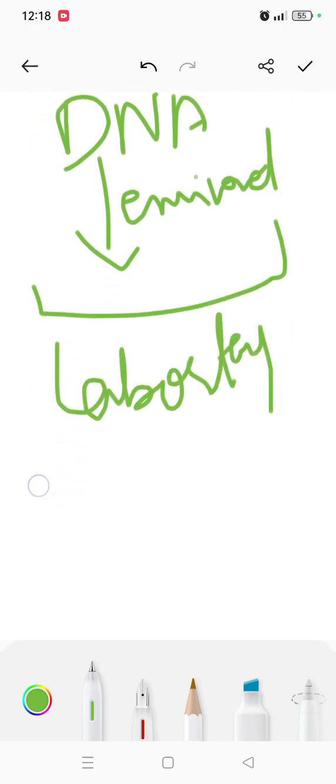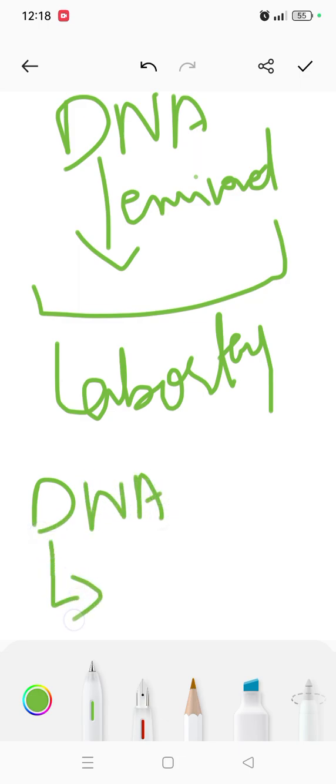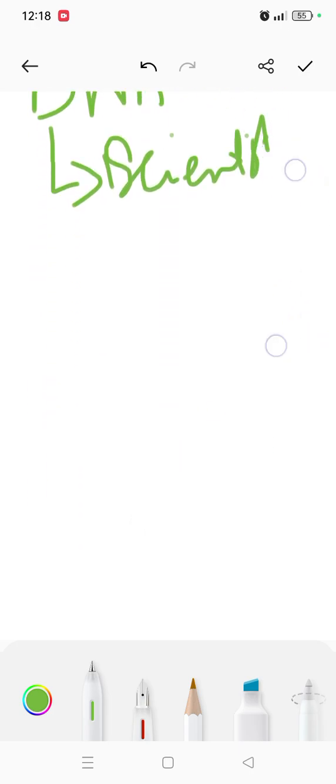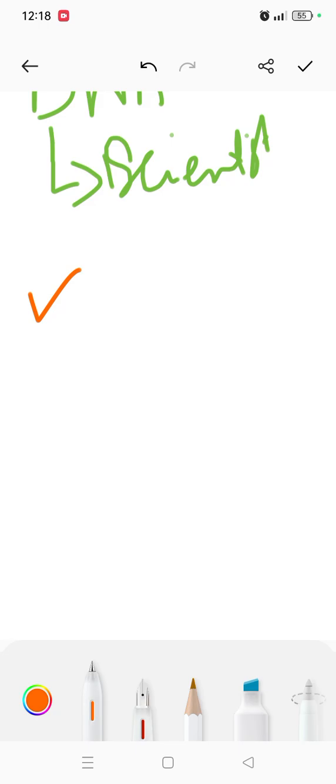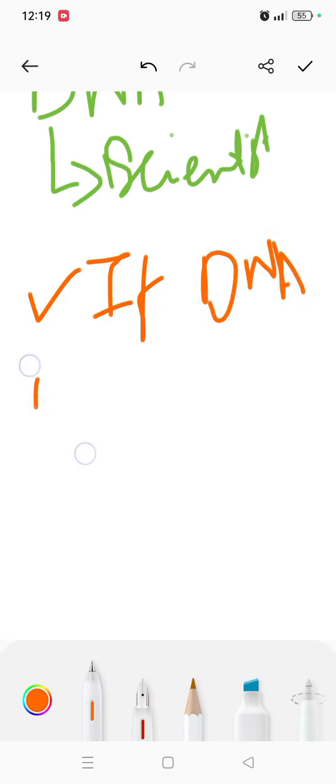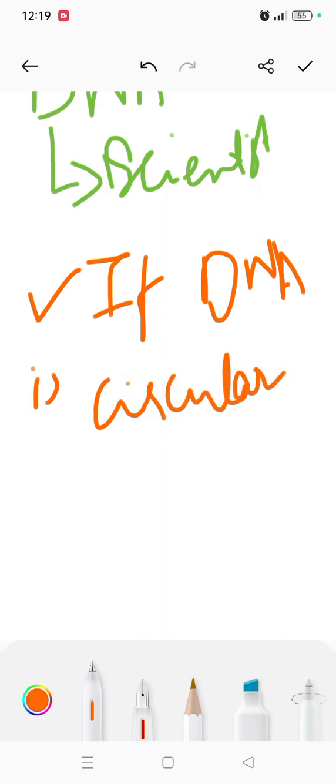So the DNA which we are going to take will be introduced by scientists, and scientists will tell you a few things, like how the DNA looks, like if the structure is circular DNA.